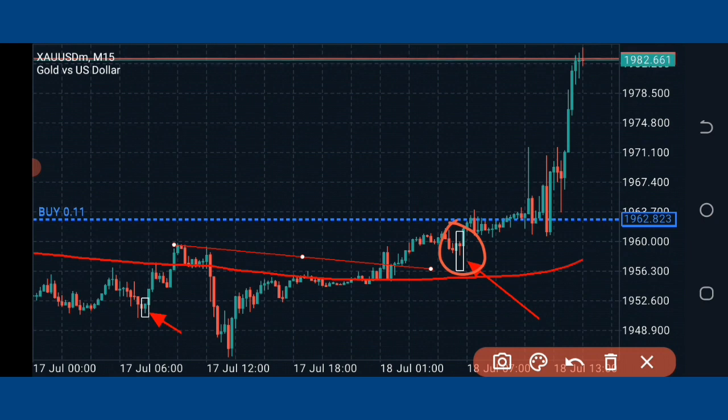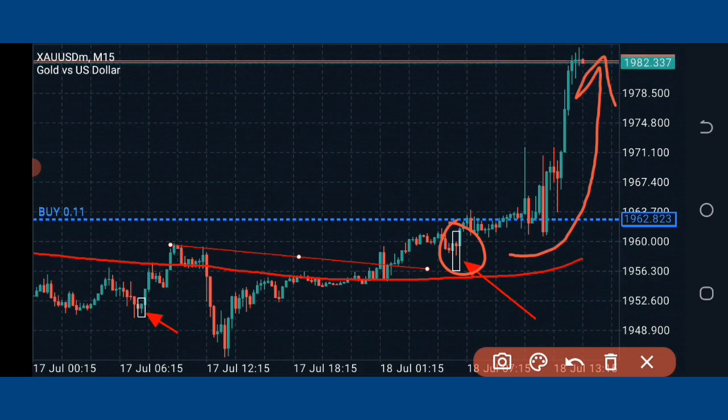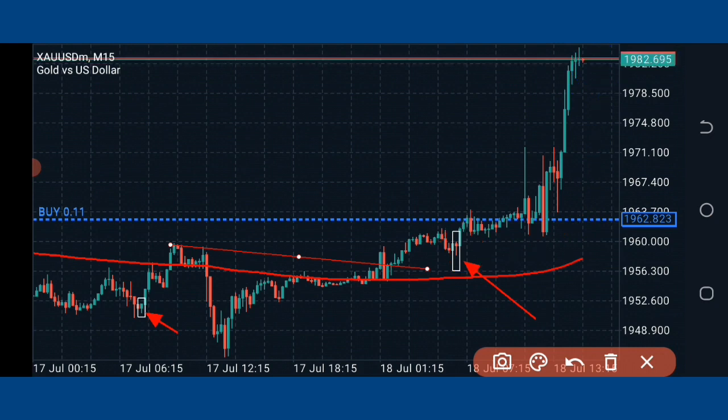And at times the market could already be on trend, like an uptrend, and when you have the appearance of that candlestick after a retest or pullback, it means the market is going to continue. And when you look at the candle now, after the emergence of the hammer, the market went all the way up there, as you can see.